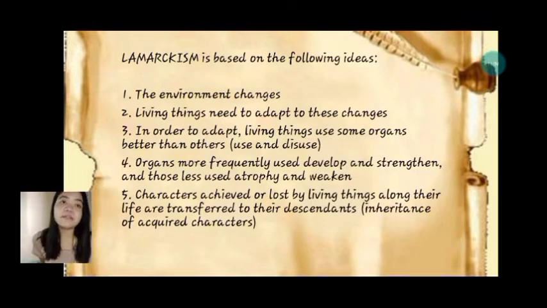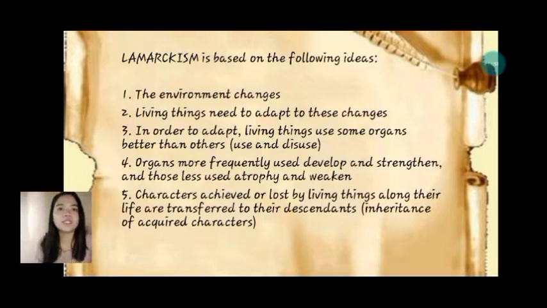First is the environment changes. May pagbabago daw ang ating environment. Second is living things need to adapt to these changes. And the third is, in order to adapt, living things use some organs better than others, used and disused.